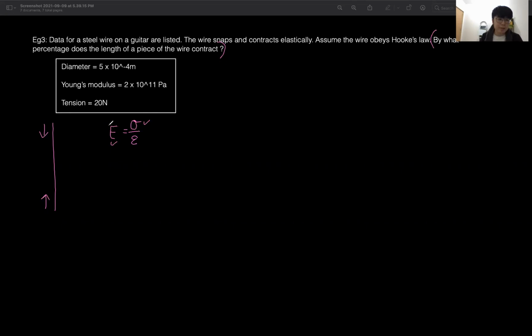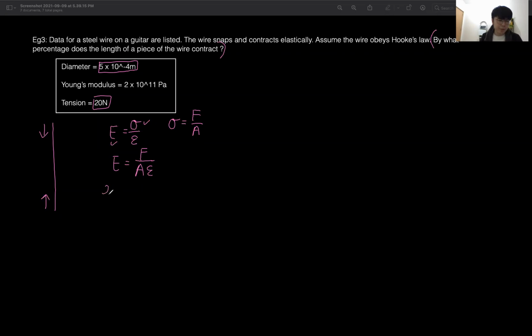Young's modulus is already given, but for stress, the tension is given. Stress equals force over area. You can find it because the tension and the diameter are given. So E equals force over area times epsilon.